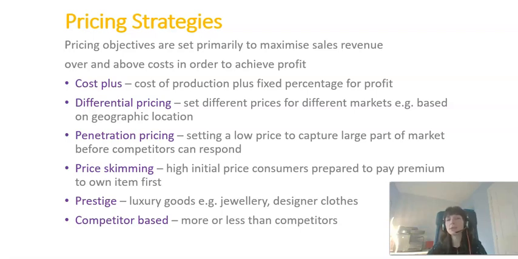Differential pricing is where we set different prices in different markets. A good example of this would be Tesco's. Tesco's supermarket will charge one level of pricing for all their products in their Coventry Rico store, a large superstore just outside the city centre, which people drive to.